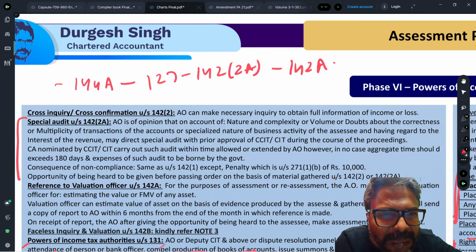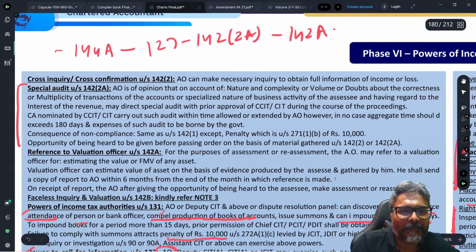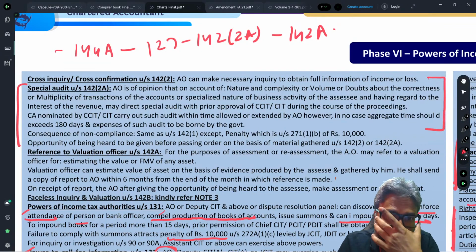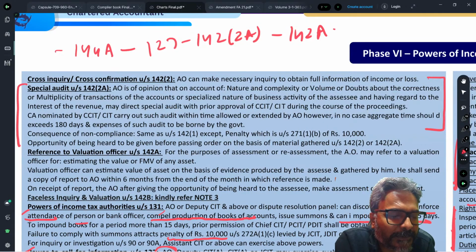So here is a stockbroker's case which is coming before the assessing officer. And because of that, students, the AO will now want to do this particular assessment.